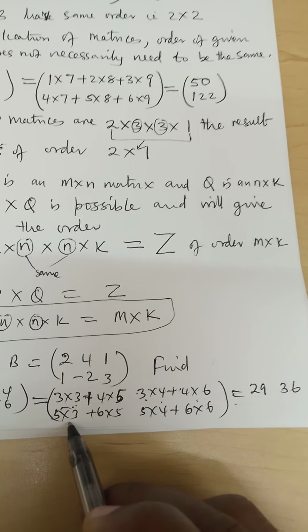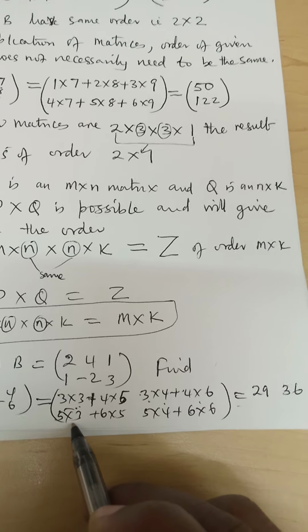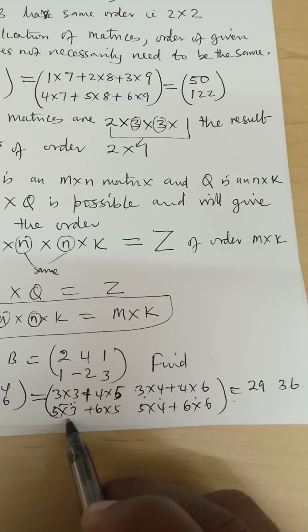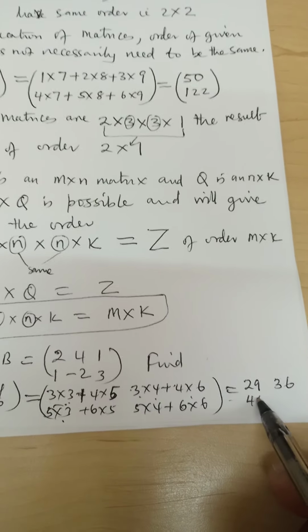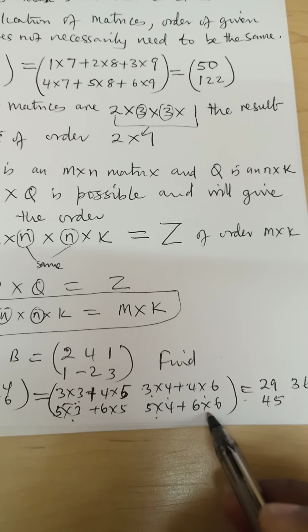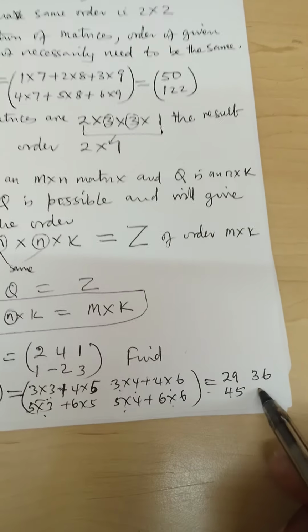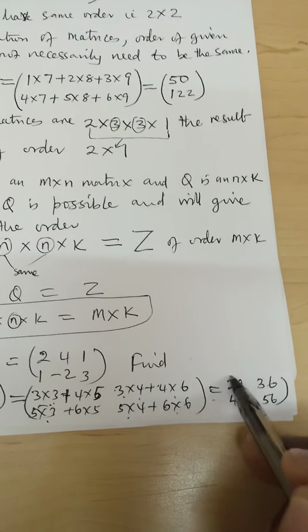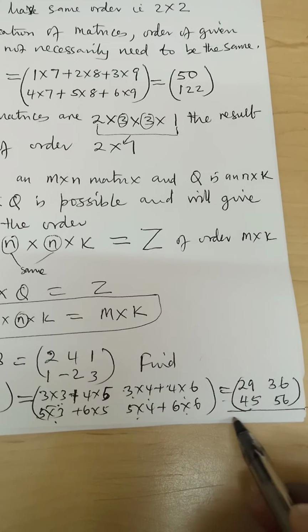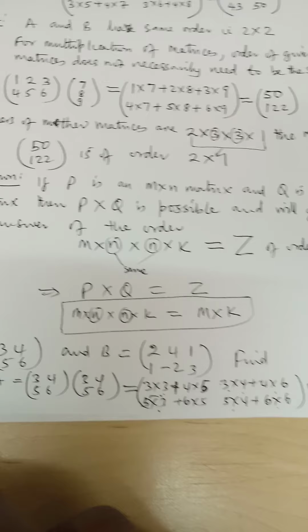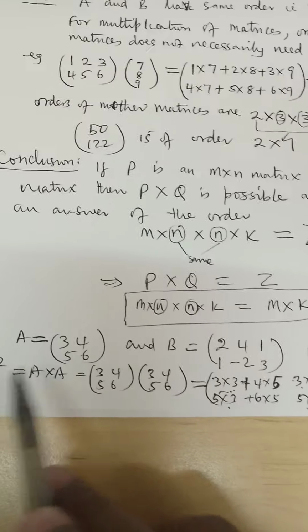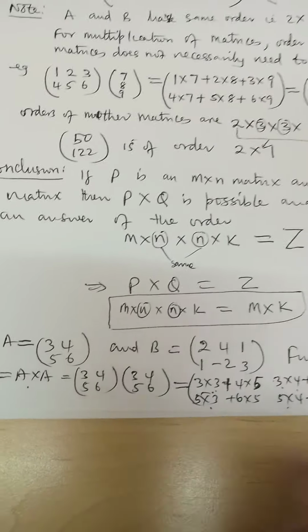This is definitely going to give us 45, that is 15 plus 30, and this will give us 20 plus 36, and that will give us 56. So our final answer is this. This is still multiplication, so the candidate should be able to know that it is A times A.